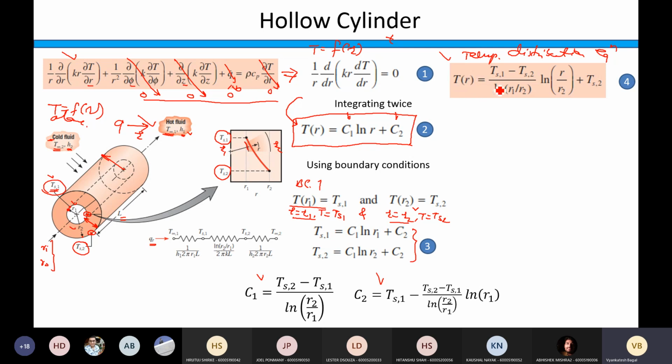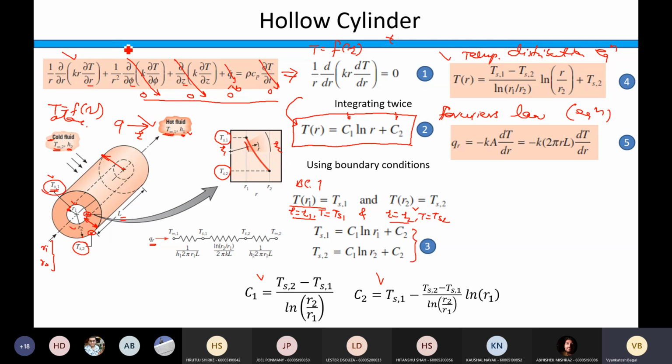T as a function of R is Ts1 minus Ts2 divided by ln R1 by R2, times ln R by R2, plus Ts2. This is what the temperature distribution equation is, right? You can rearrange the terms and rewrite this equation the way you want. Now, I am using Fourier's law, or Fourier's equation.